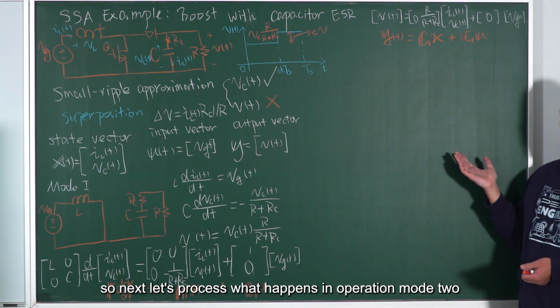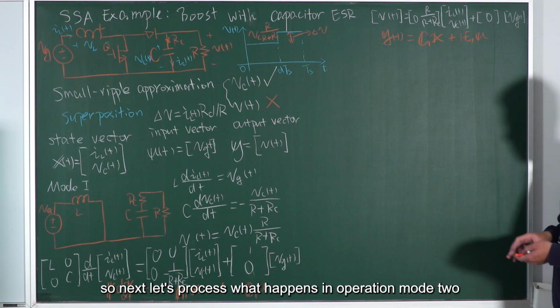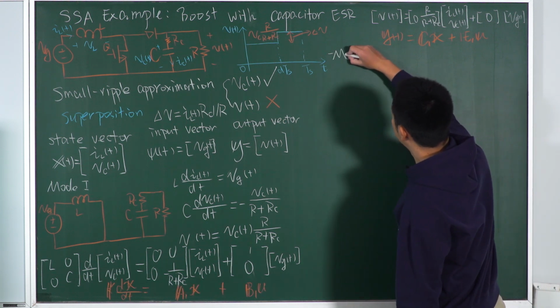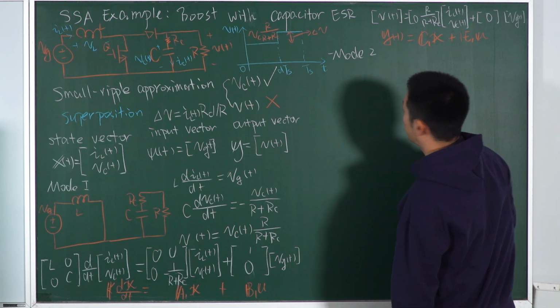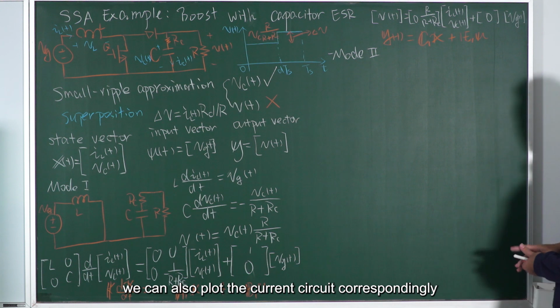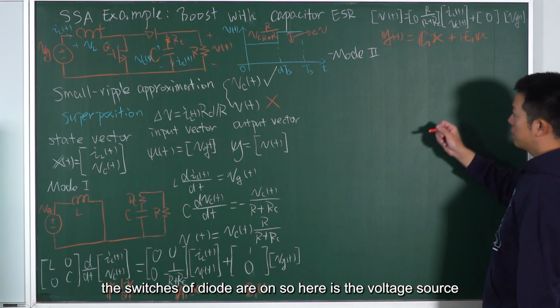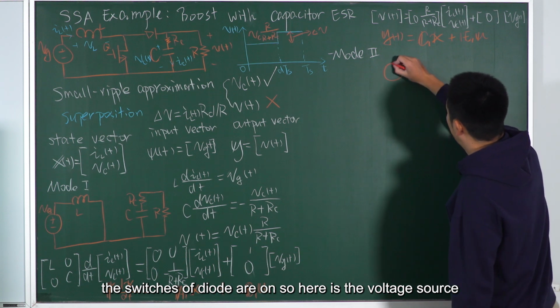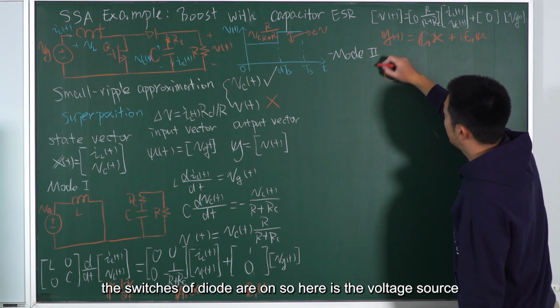So next, let's process what happens in operation mode 2. We can also plot the equivalent circuit correspondingly. The switch is off, the diode is on, right? So here is the voltage source.